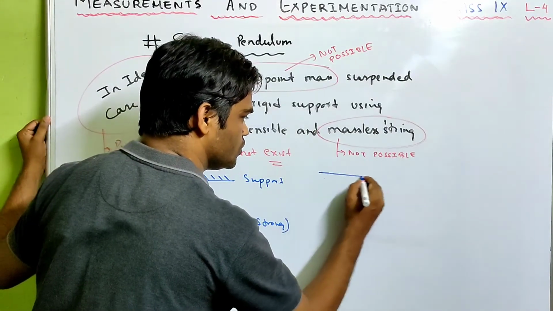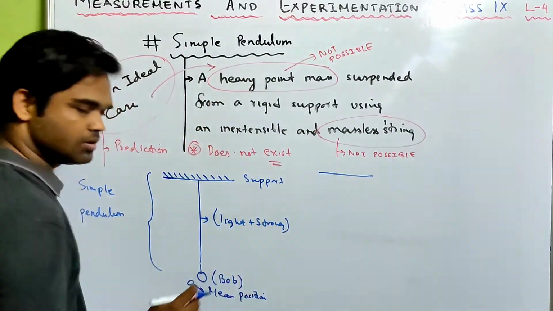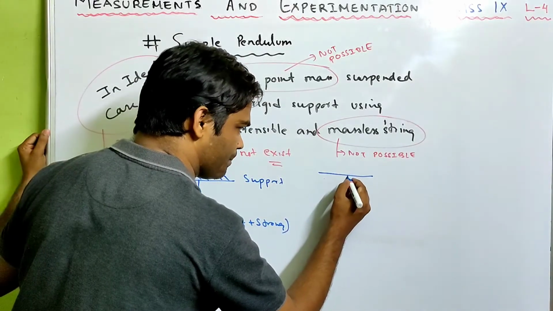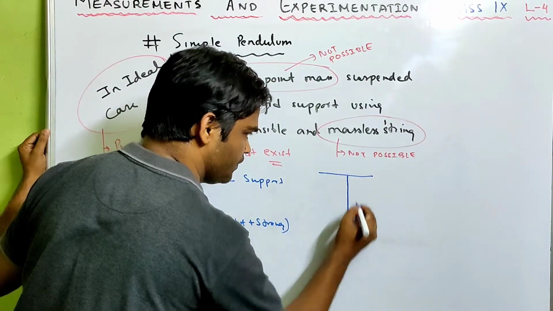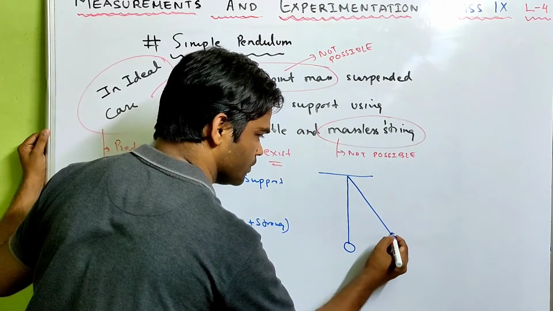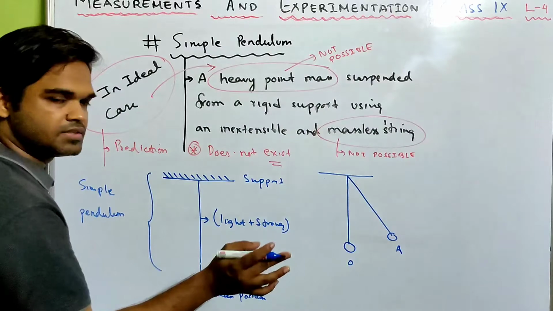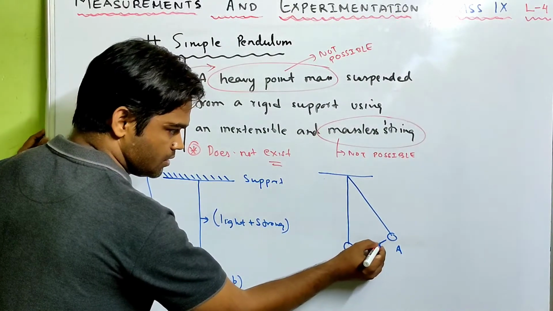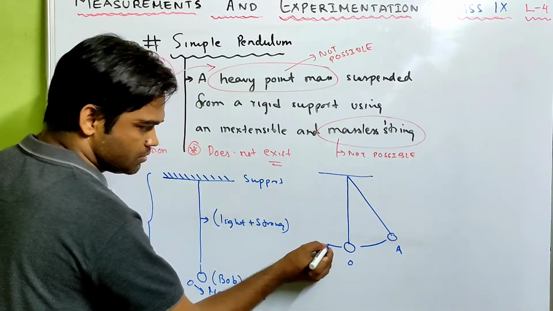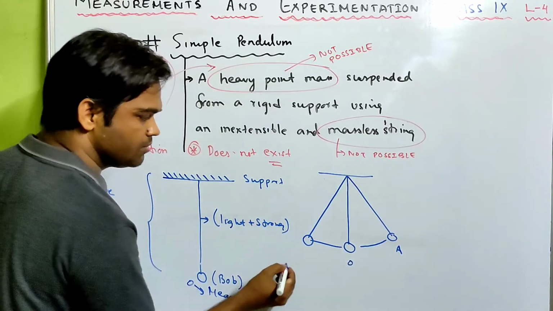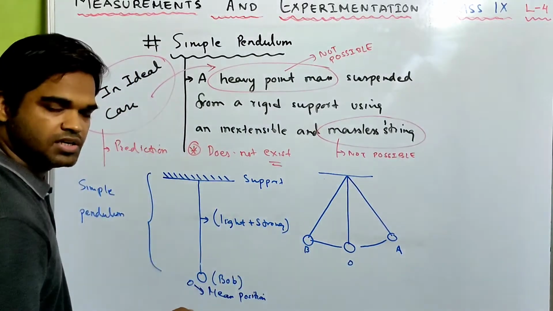Now suppose you displace this bob a little and leave. So what will happen if you displace the bob? Suppose this was O, you take it to A and then you release it. It will show oscillatory motion, isn't it?